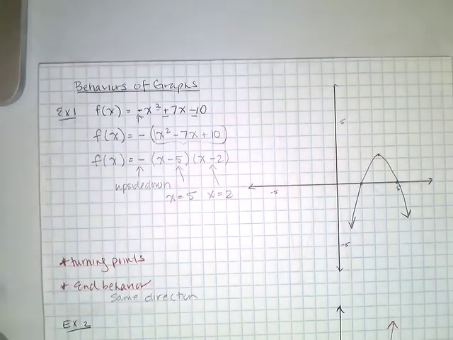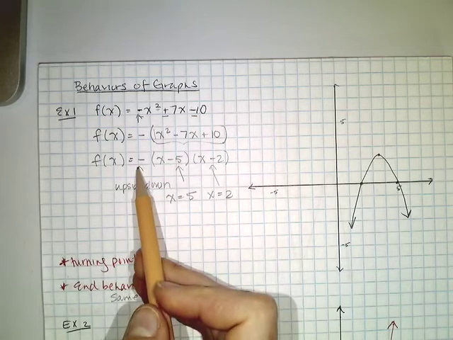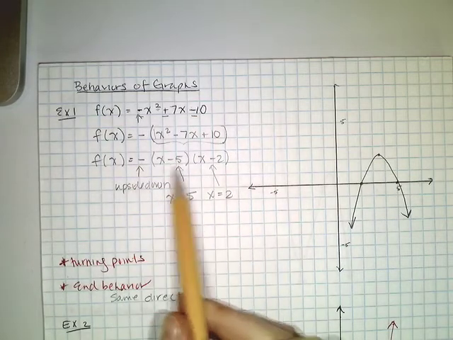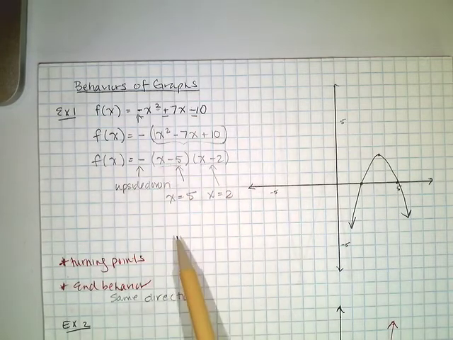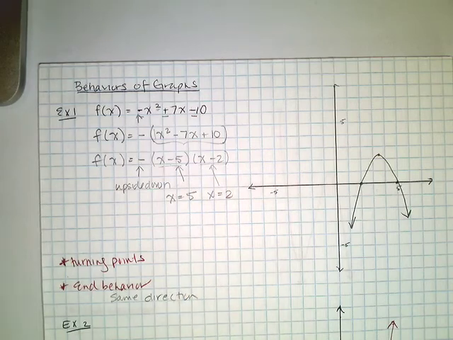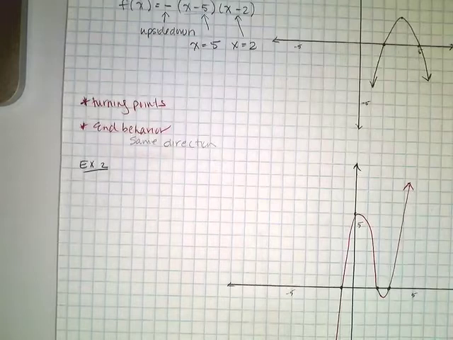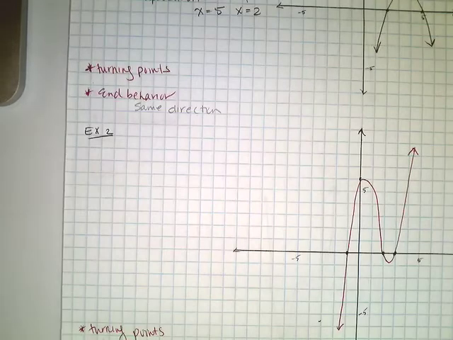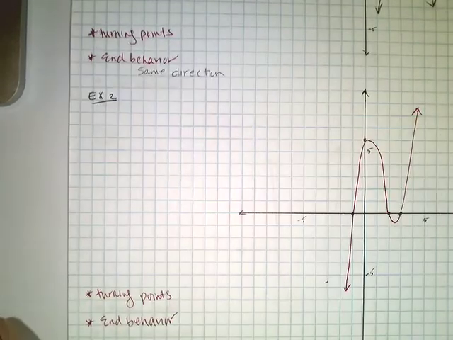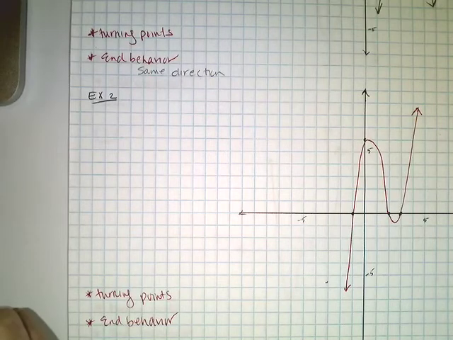And it looks like that. Okay? So that's what happens when we have a negative symbol out front. But I can easily identify what the roots are just by looking at the factors. Well, if I can easily identify what the roots are by looking at the factors, that means I can write factored forms of equations given just the graph.